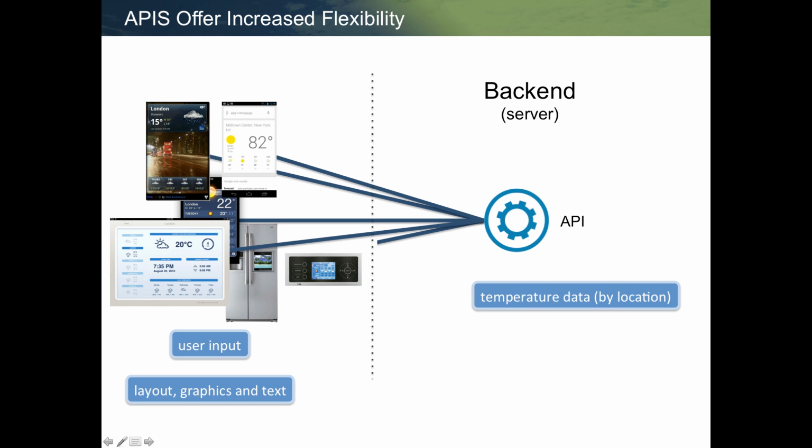So I've gone from a static page created for my iPhone over to making it easy to be consumed by multiple devices. So this is where mobile, and Internet of Things as well, has really pushed APIs.